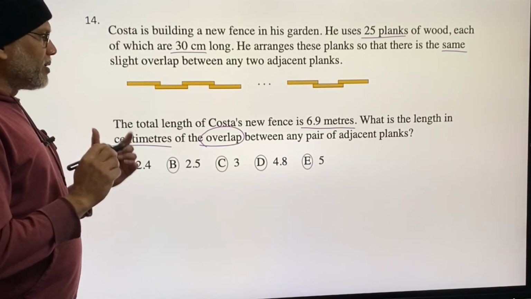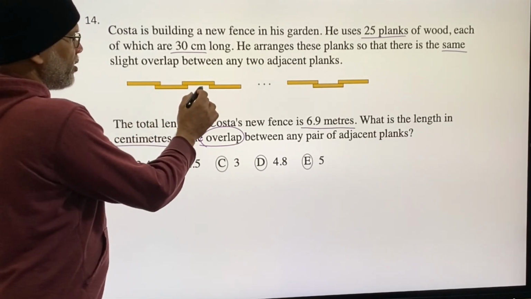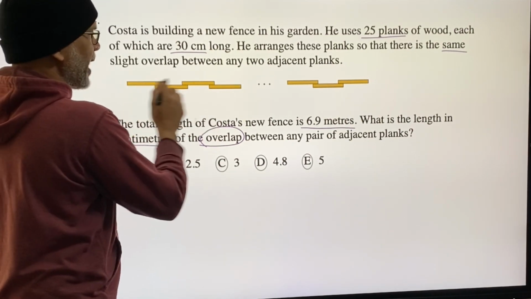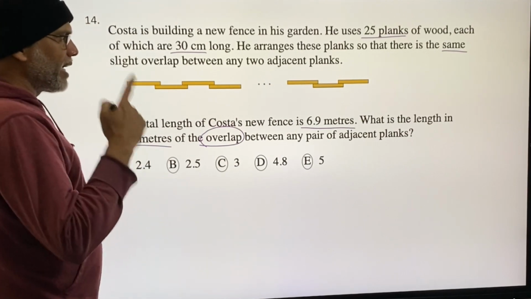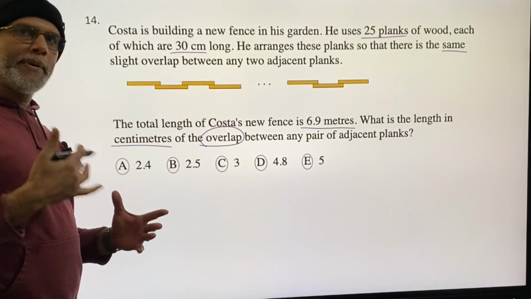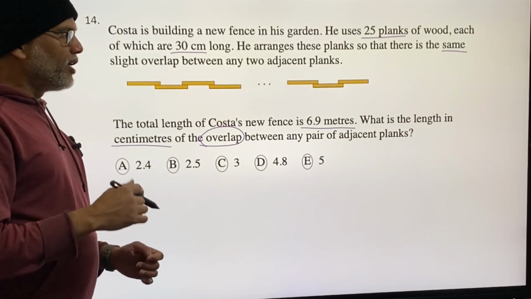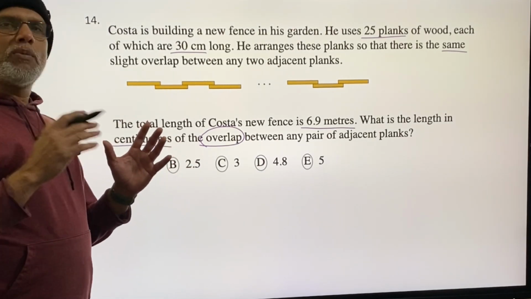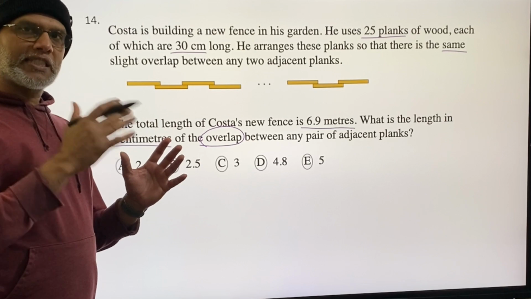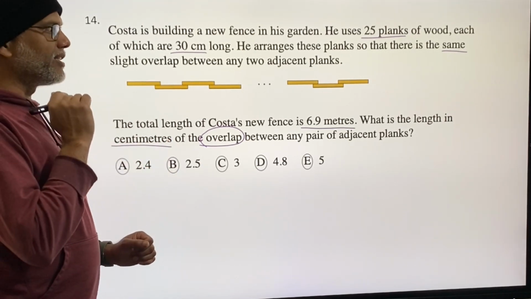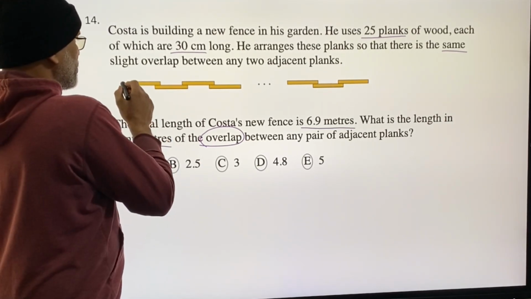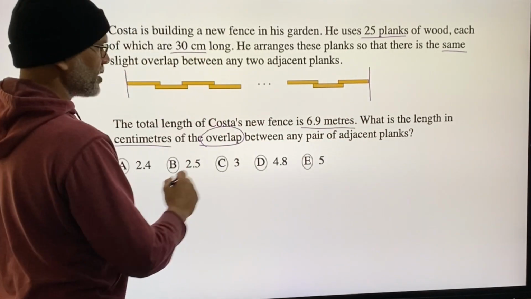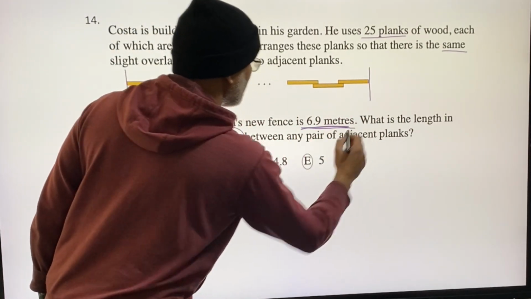All right, so for problems like this, you see the planks that are in between, they have 2 overlaps. The planks that are at the end, they have only 1 overlap. So it can get a little bit confusing to think. So for a problem like this, you can always come up with a convention and stick with it. In this case, this is what I mean. So the length from here to here is given to us, that is 6.9 meter.